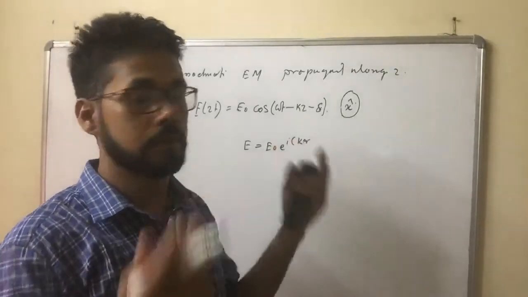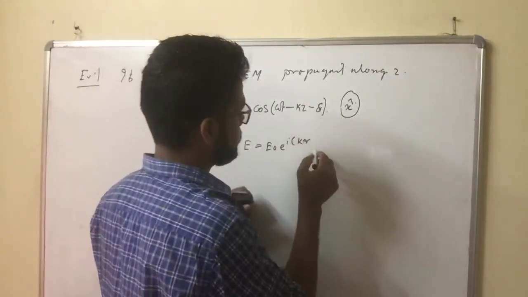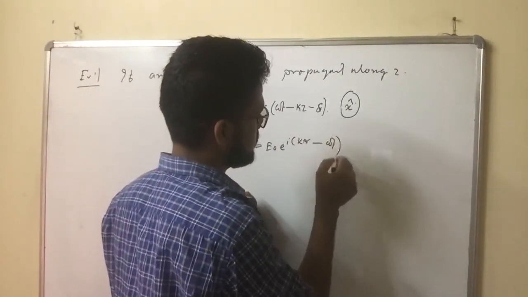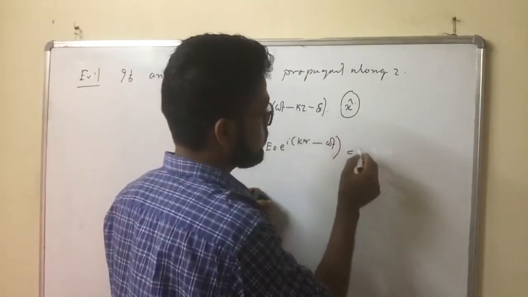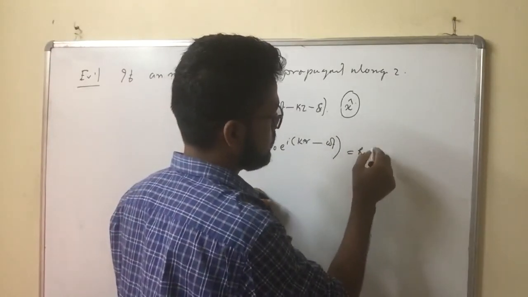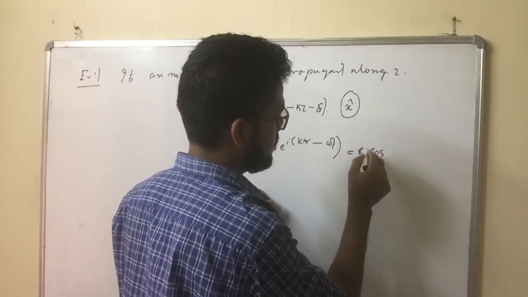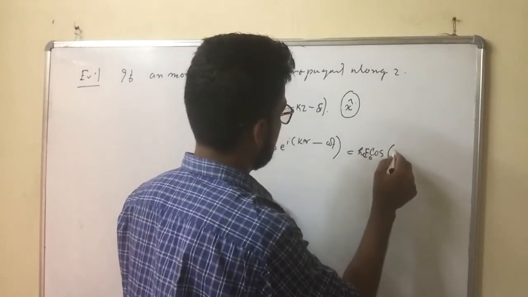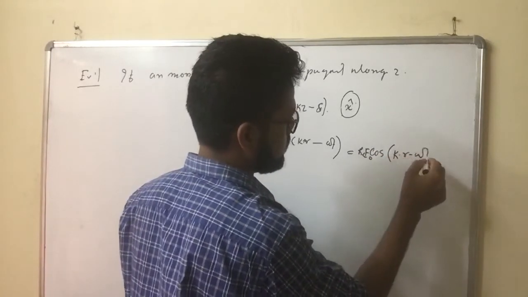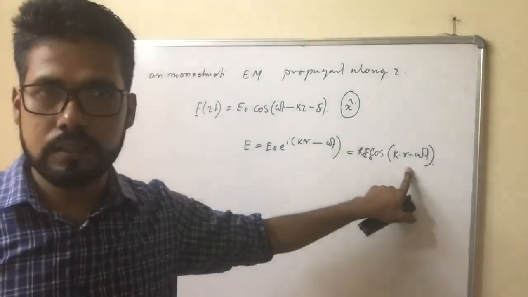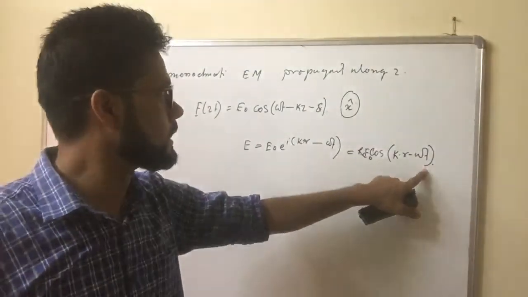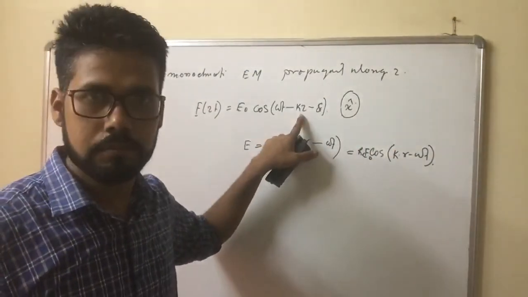It may be three-dimensional. We can express the real term also as E naught cos(k dot r minus omega t). So k dot r is the first term, omega t is the second term, but here k is the second term.